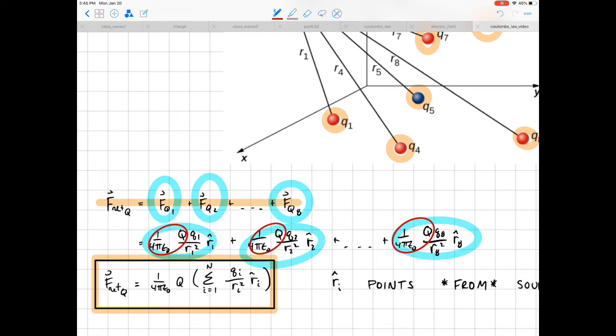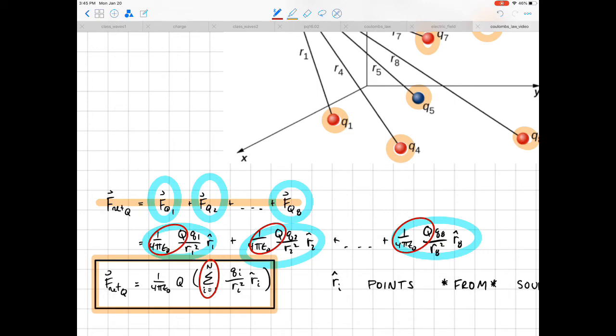So the summation sign, right, is just a shorthand way to write out those 8 different terms, or now I'm generalizing to the n different terms. And so i varies from 1 all the way up to 8 or 10 or however many source charges you have.